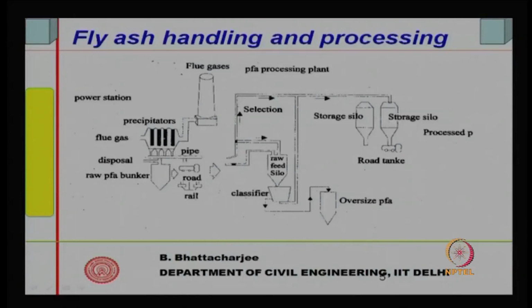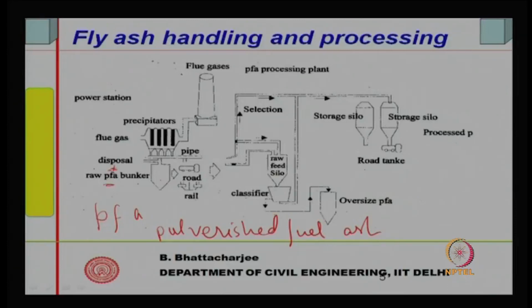This is the precipitators, and from the precipitators some of it might go to disposal, some might be stored in a raw pulverized fuel ash bunker. PFA stands for pulverized fuel ash bunker, and then it can be transported somewhere, right.